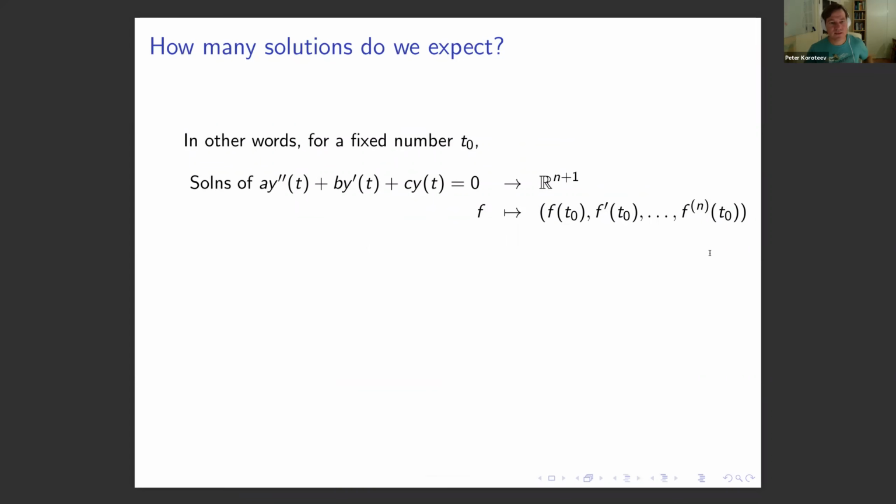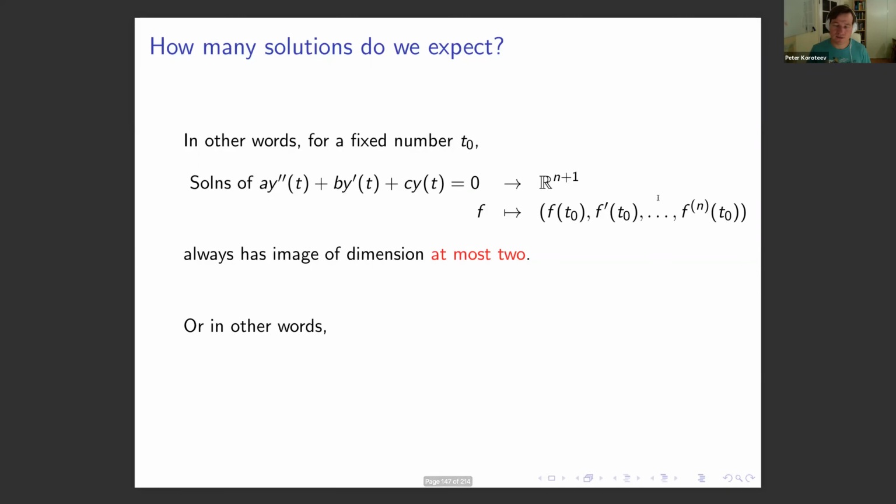To put it differently, for a fixed number t0, we can define a map from the space of solutions of this differential equation into Rn plus 1, such that f goes to the vector (f of t0, f prime of t0, and so on, up to the nth derivative at t0). The image of this map has dimension at most 2, because all other derivatives are linearly dependent on the first two, the function and the first derivative.